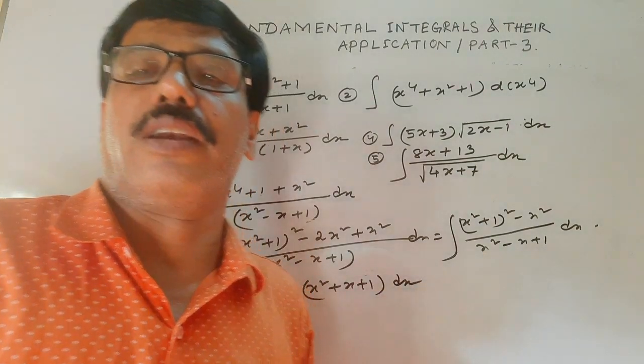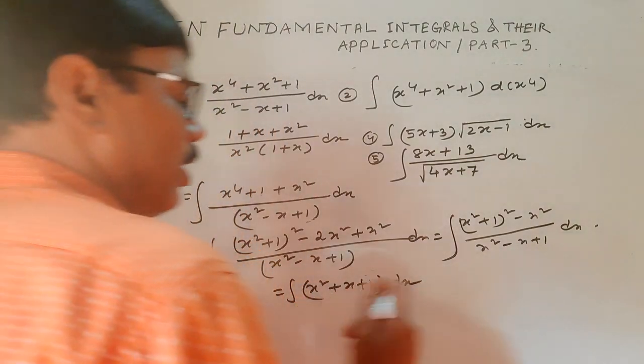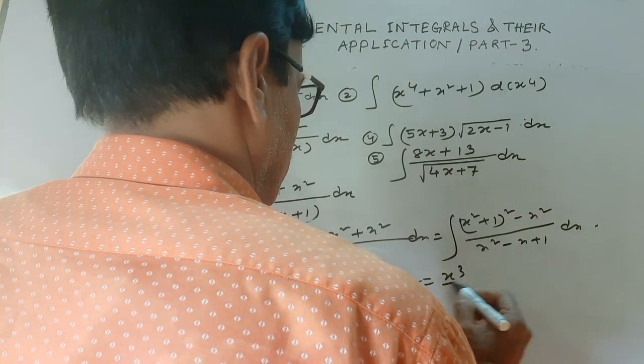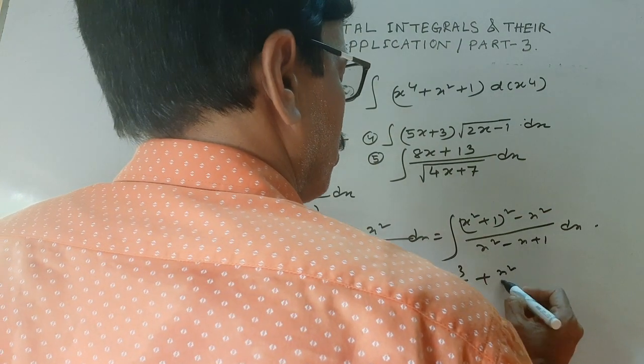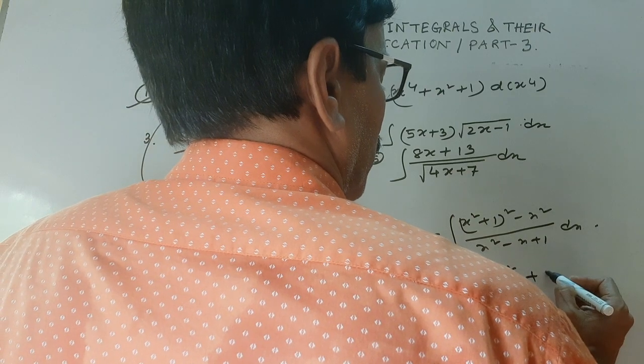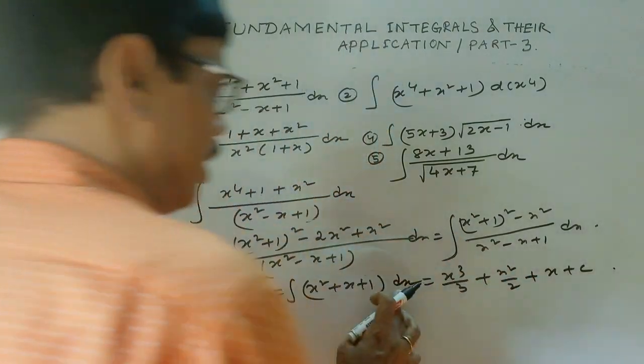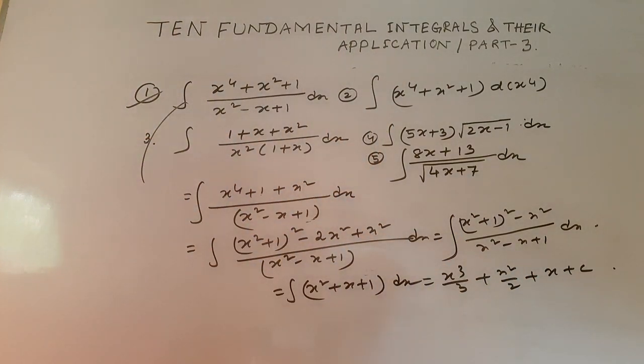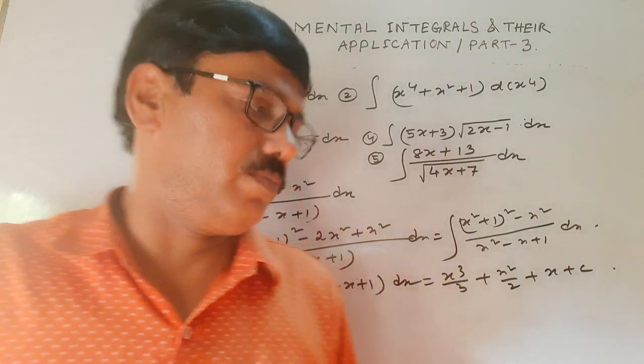Now this is standard form, because this one is x cubed by 3, this is x square by 2, plus x plus c, integration of dx. So anyhow you have to put it in standard form.